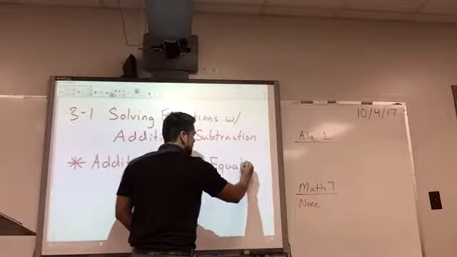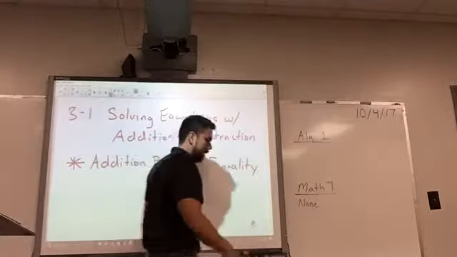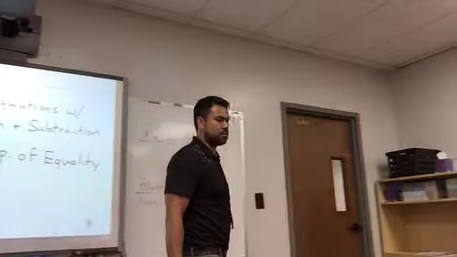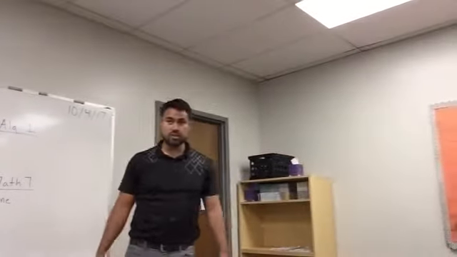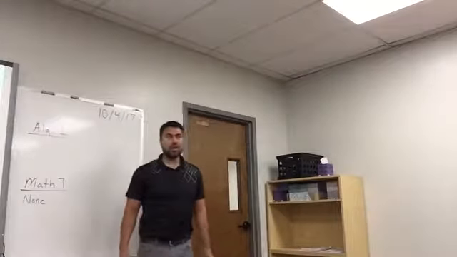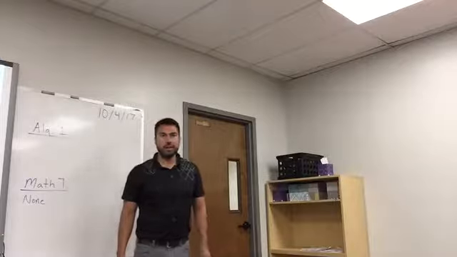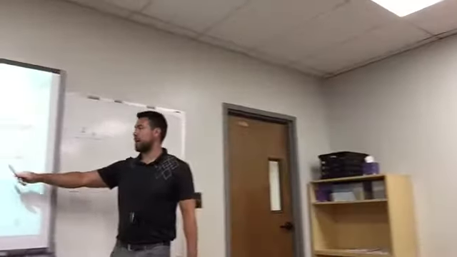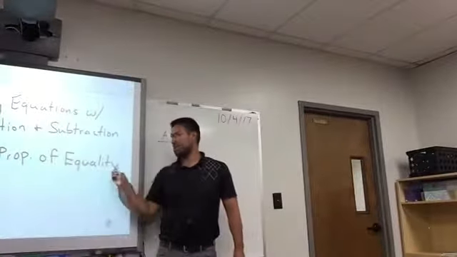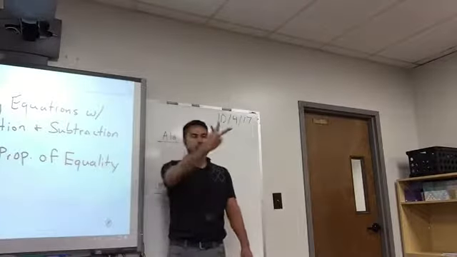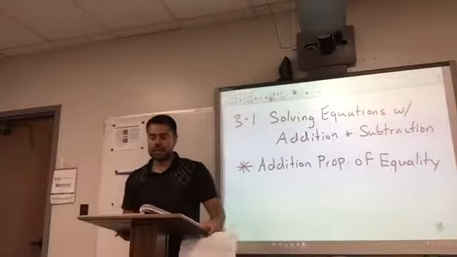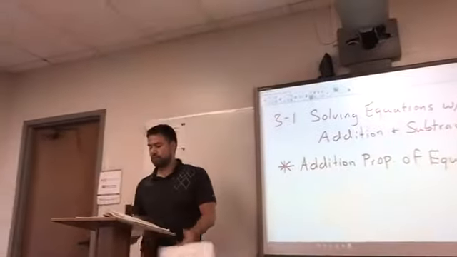Okay, this chapter, as you guys remember, is called solving linear equations. So we're talking about equations, which means now we're talking about properties of equality. We're going to look at two today. There are more. And these are important because equations are a big part, like I already said before.